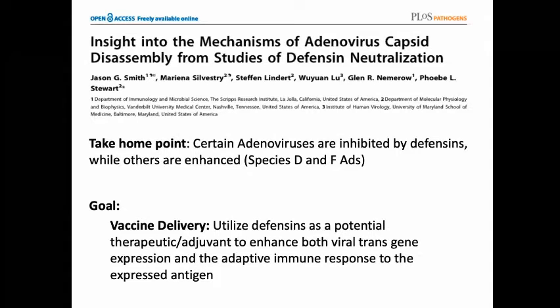So based on that information, my thought process was that we could utilize defensins as a potential therapeutic or an adjuvant to enhance both the viral transgene expression and the adaptive immune response to the expressed antigen. So that is the goal here.